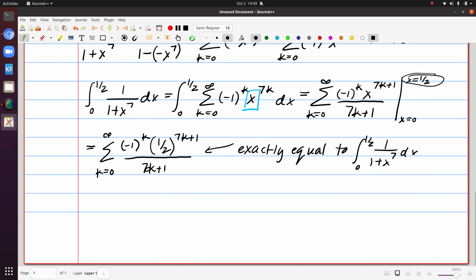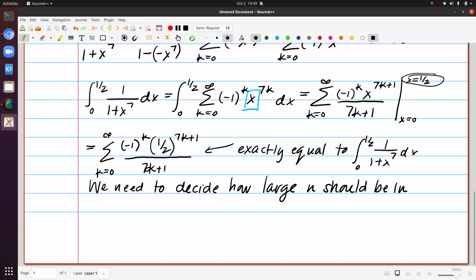So what we can think about here is we need to decide how large n should be in order to obtain the desired level of accuracy, which was 10 to the negative 7th here.